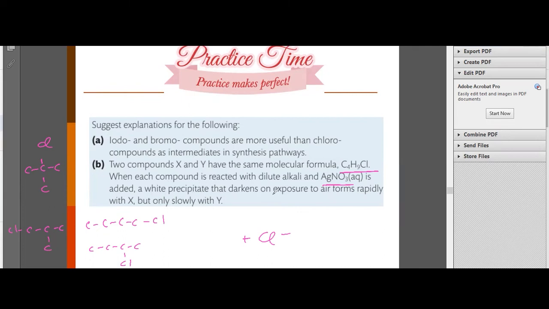Once again, the precipitate forms rapidly with X, but slowly with Y. So what do you think? Which is X? X is rapid, so X should be the tertiary halogenoalkane. This should be the primary.